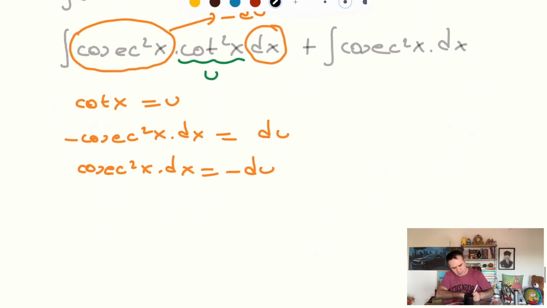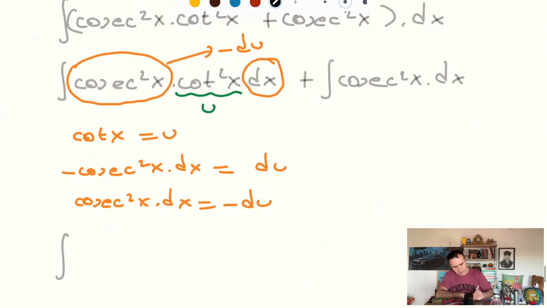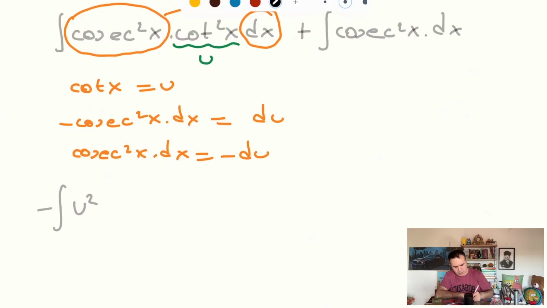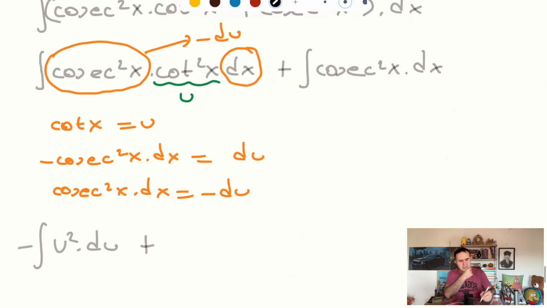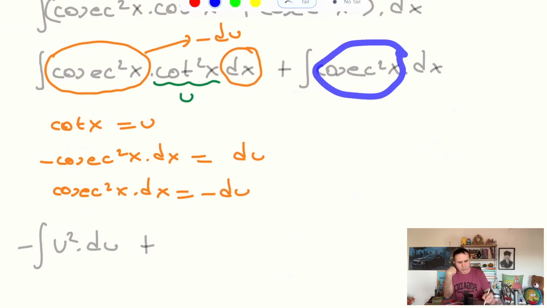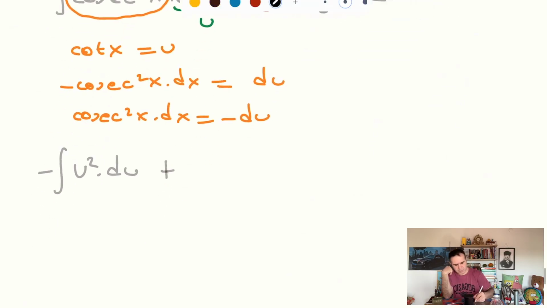The integral becomes the integral of minus, let's take this negative sign out of the integral, minus u squared du, and plus, since the derivative of cotangent x is minus cosecant square of x, then the integral of minus cosecant square of x becomes cotangent x. But we have here the integral of cosecant square of x, and this will be equal to minus cotangent x.